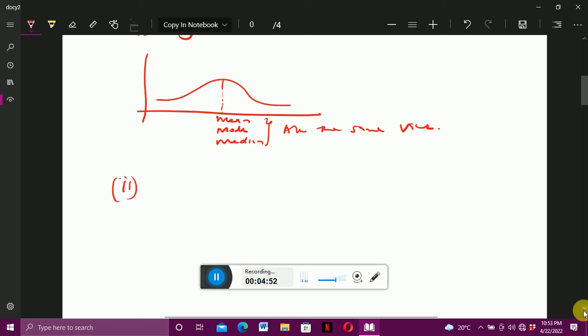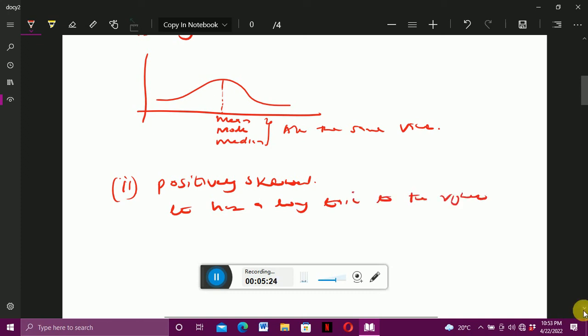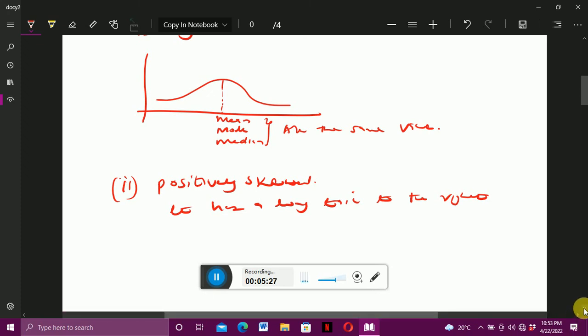Now the second way a frequency curve can be in terms of skewness is that it can be positively skewed. Now, when a frequency curve is positively skewed, it has a long tail to the right.